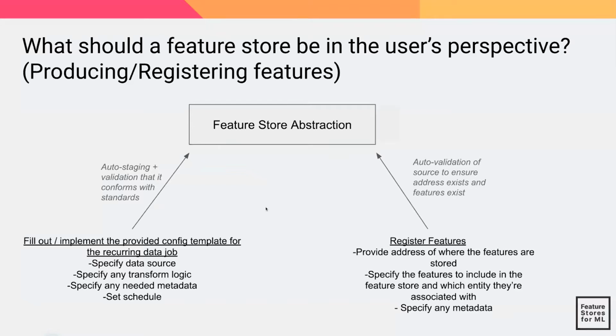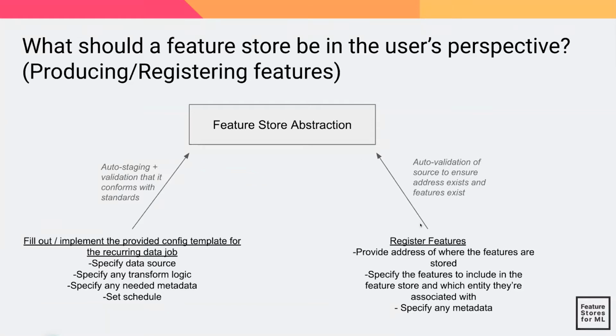So for the producing side, the user just has to provide some information on where the data source is, maybe implement some interface to add transform logic if the data needs to be transformed a little bit, set the schedule, and they're done with that.